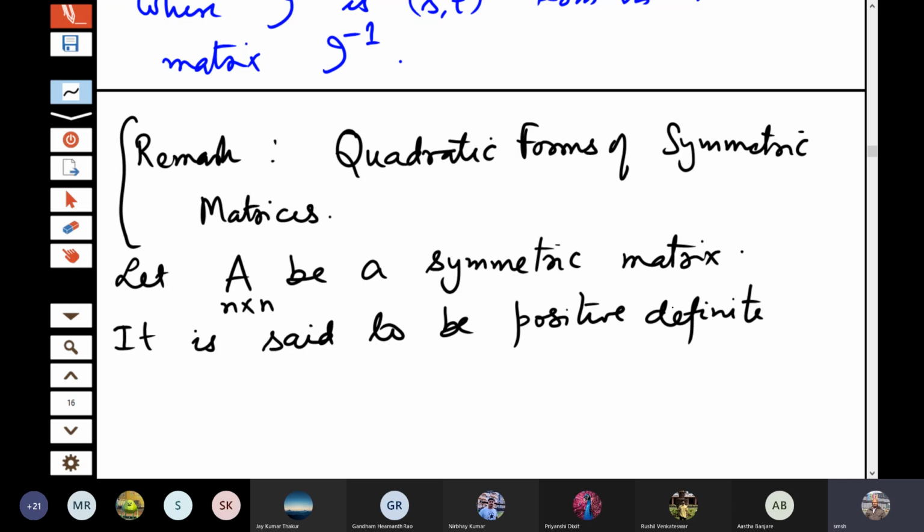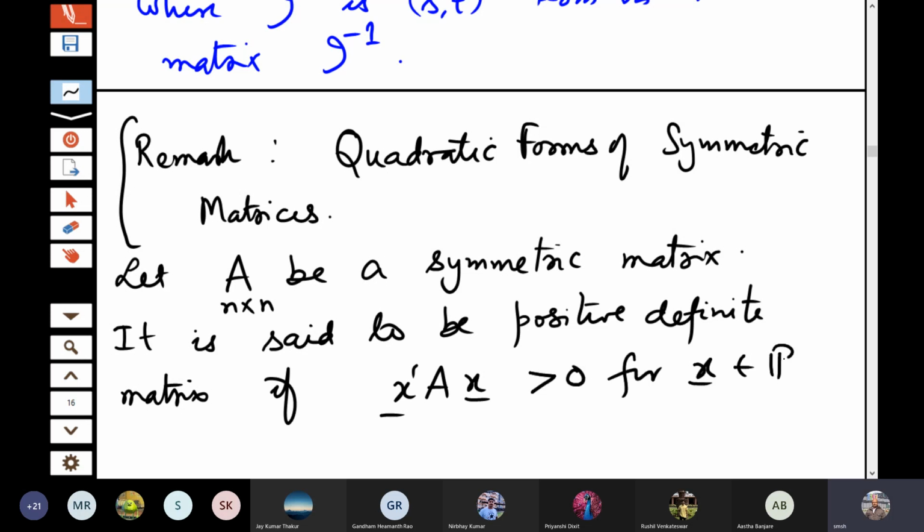But anyway, at least for the sake of definition, I am writing it here. A symmetric matrix A is said to be positive definite if x prime Ax is greater than 0 for all x belonging to R^n. That means for all real vectors x, x prime Ax is a positive number.